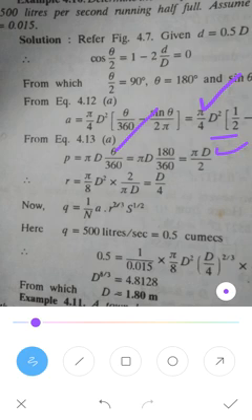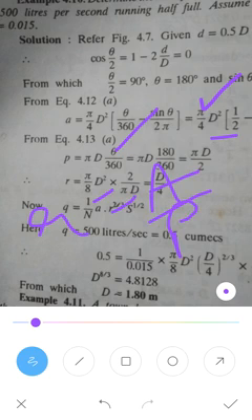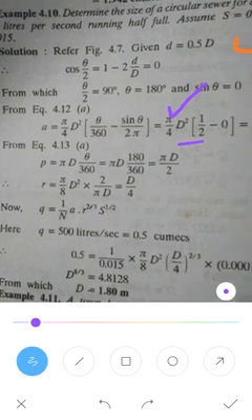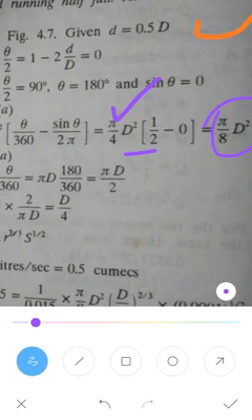Then you come to the radius, sorry, not radius, mean hydraulic depth. R is mean hydraulic depth. I told R is equal to A divided by P. So area, you already got the answer, pi d square divided by 8.